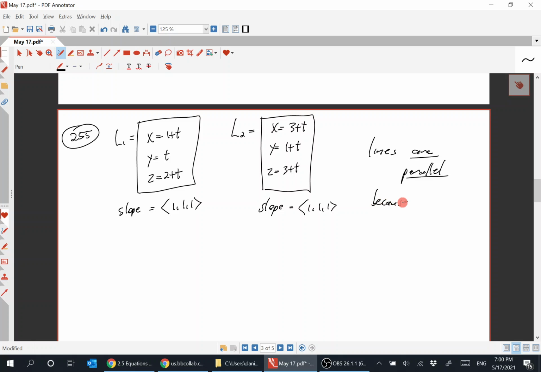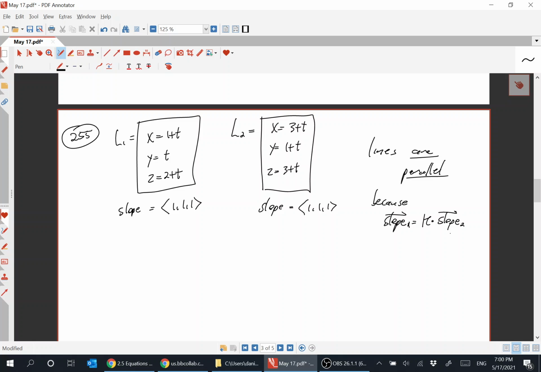Because slope 1 is equal to k times slope 2. So you've got slope vector 1 and slope vector 2, and they're multiples of each other. I mean, they're actually the same, but, fine, the multiple is 1. Okay, so that means the lines are parallel.